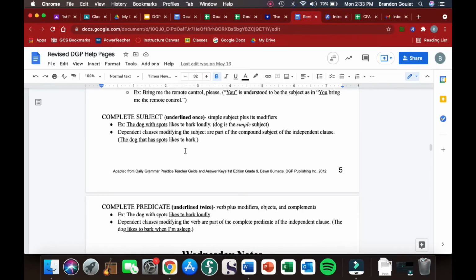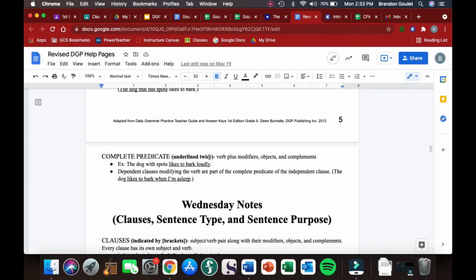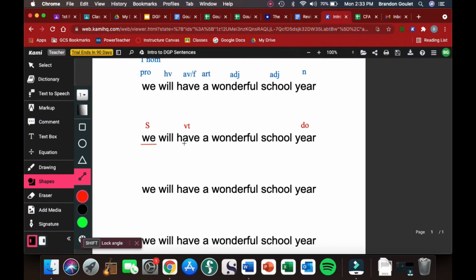Now we're looking for the complete predicate. We see that the complete predicate, we underline it twice. It's the verb plus its modifiers, objects, and complements. So any modifiers or objects, that direct object, and its modifiers and everything that goes along with it, we're going to underline that twice. So if we go back to our sentence, we know our verbs are going to be underlined twice.